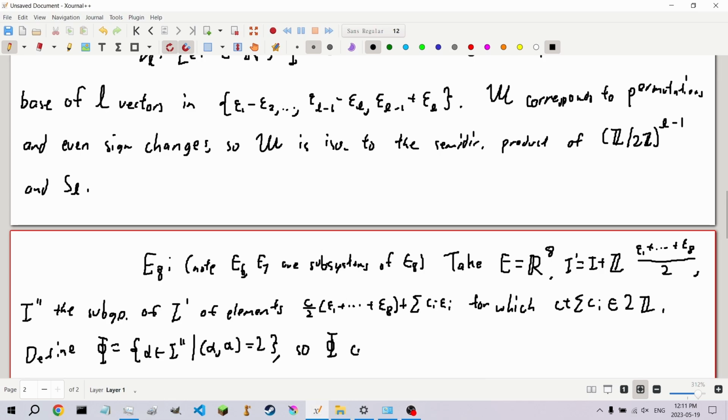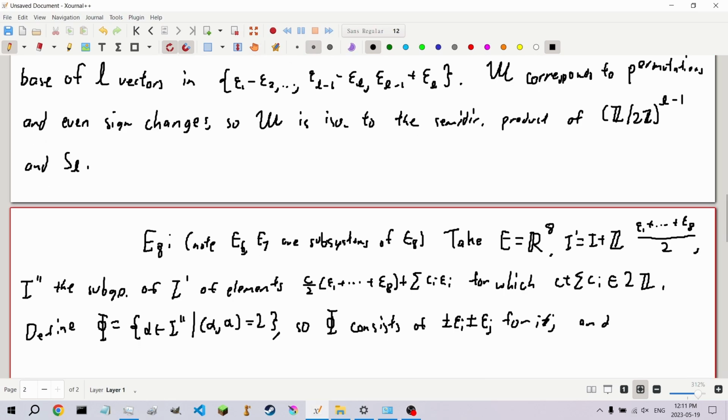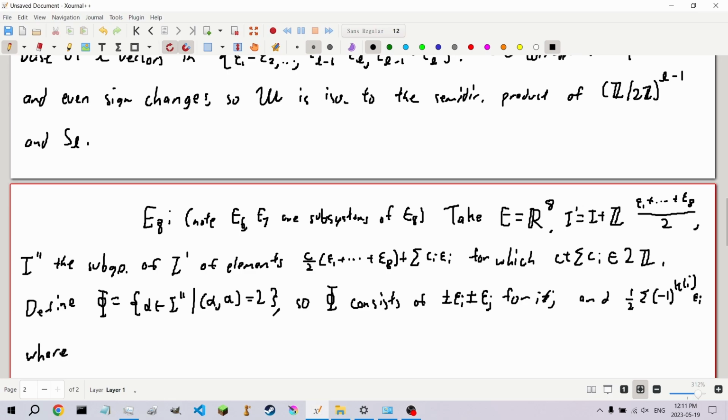So our root system consists of the old familiar plus minus epsilon i plus minus epsilon j for i and j distinct, and the set of half of the sum of -1 to the k i epsilon i, where each k i is 0 or 1, and the sum of all k i is an even integer.